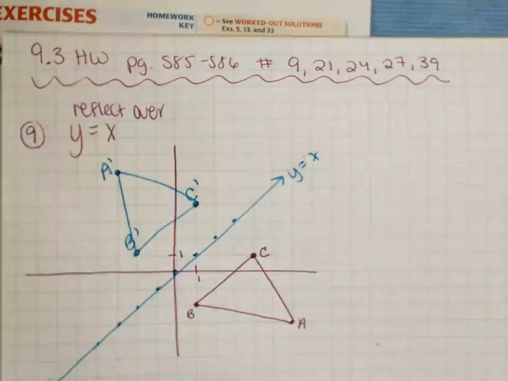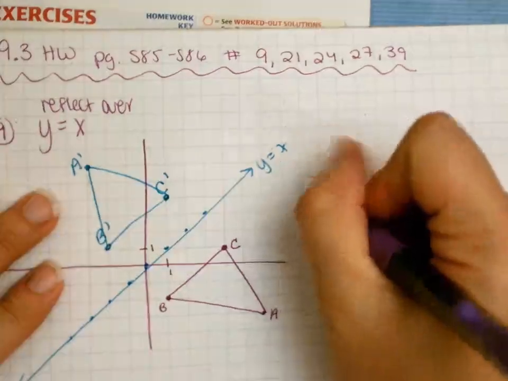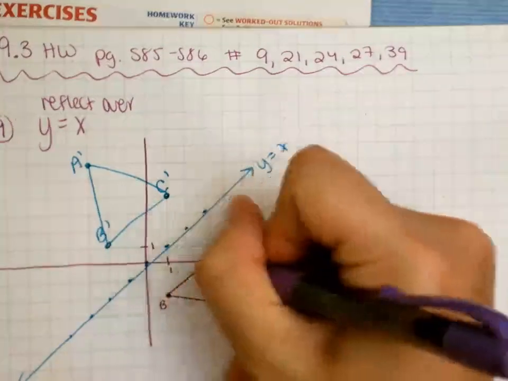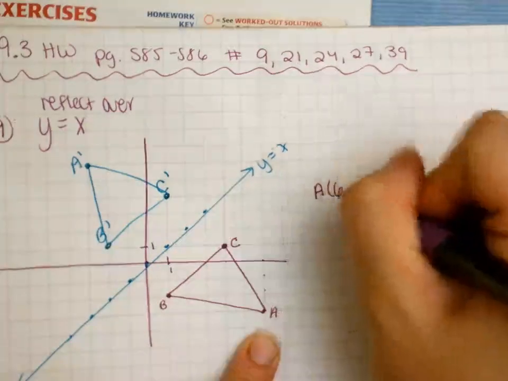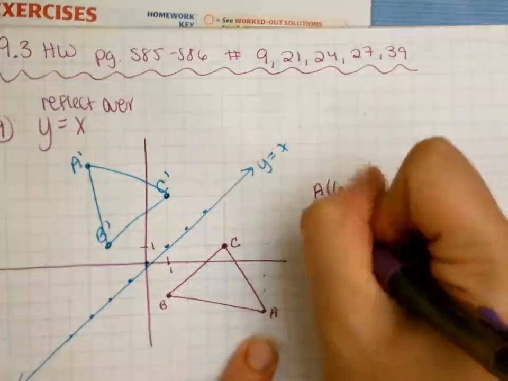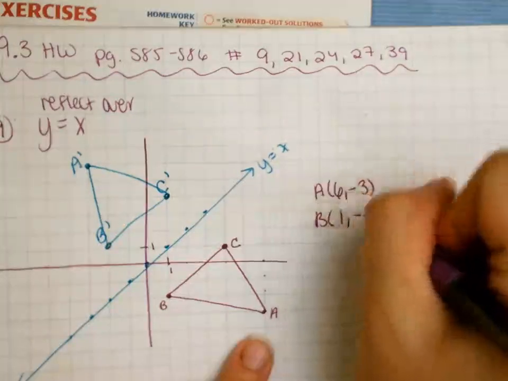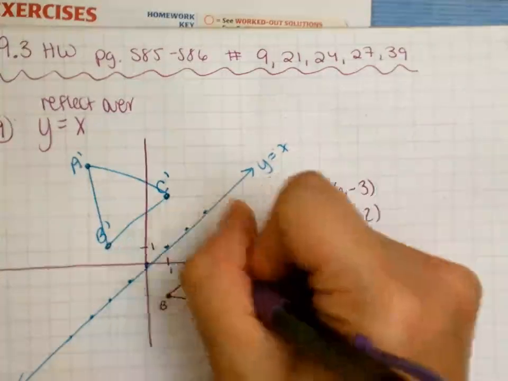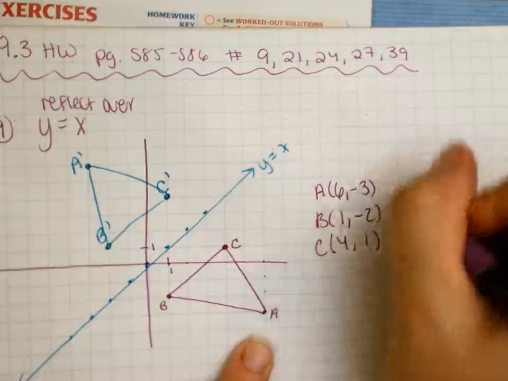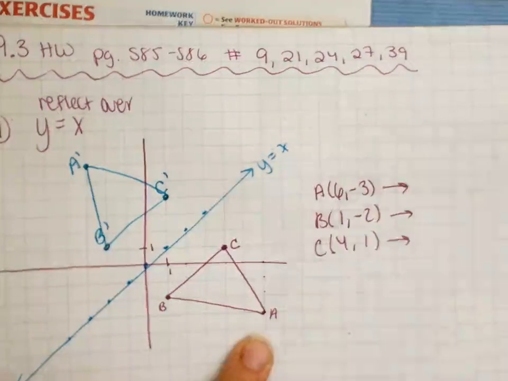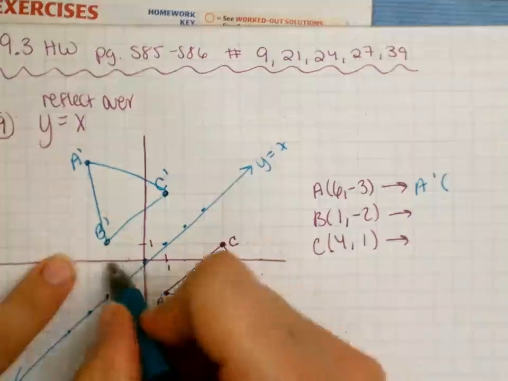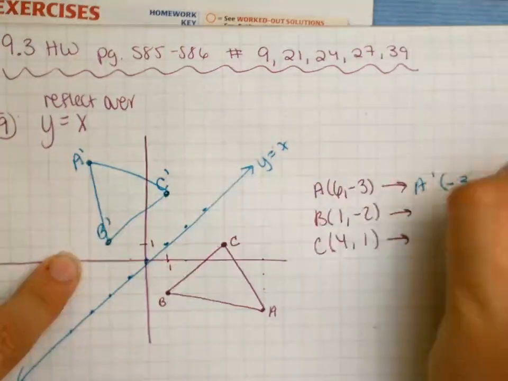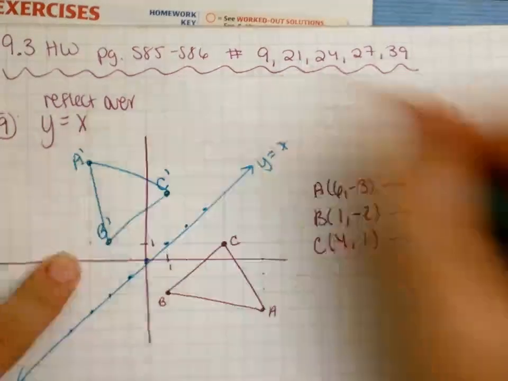Okay? So if we're looking at our original coordinates, our original coordinate for A was at 1, 2, 3, 4, 5, 6, negative 3. Our B is at 1, negative 2, and our C is at 2, 3, 4, 1. And then, after we reflect, our A prime is at 1, 2, 3, negative 3, 1, 2, 3, 4, 5, 6.